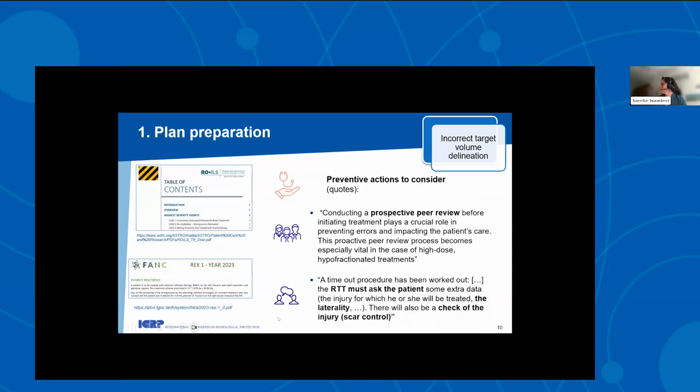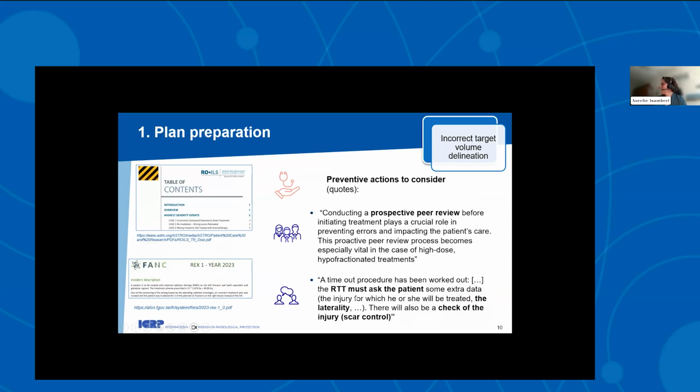In these reports, there are some preventive actions that are proposed and could be useful to consider. Here I put only 2 of them. The first one is conducting a prospective peer review before initiating the treatment, which plays a crucial role, even more crucial and qualified as vital in some reports in the case of high-dose and hypofractionated treatments.